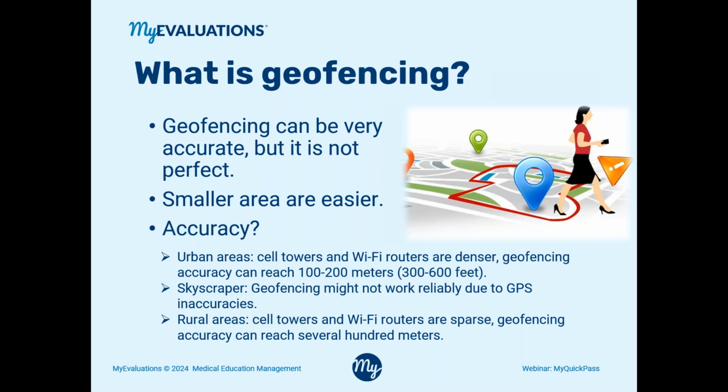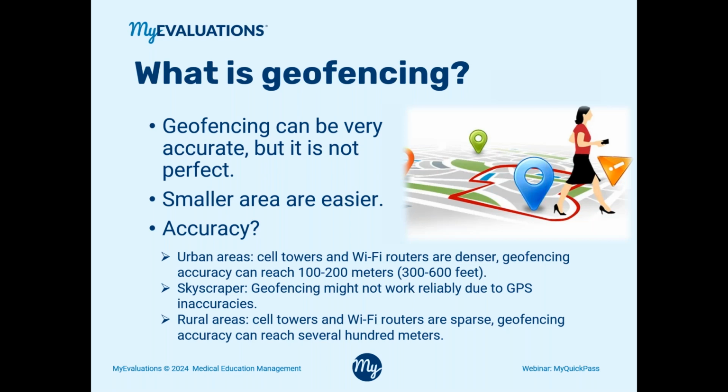And of course, it's best to set up very small areas for easier tracking. And it's important to understand that with those areas that you set up, there are certain technological limitations you have to take into consideration.